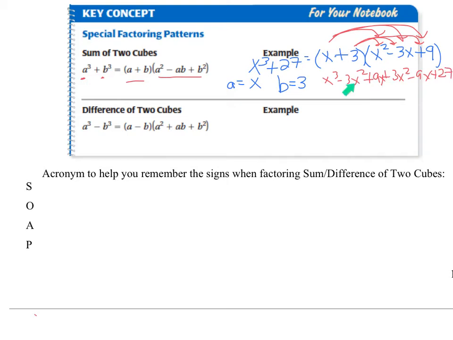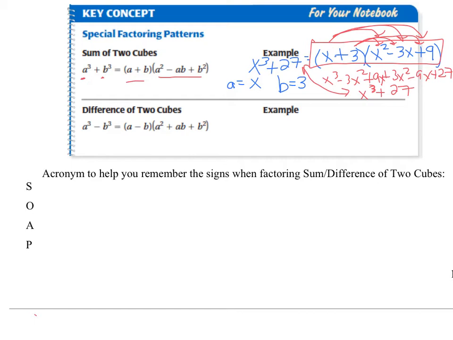So what we can see is negative 3x squared, positive 3x squared, cancel. Positive 9x, take away 9x, cancel. And so we've got x cubed plus 27. And so we can see it really does equal the original. This is the correct factorization.